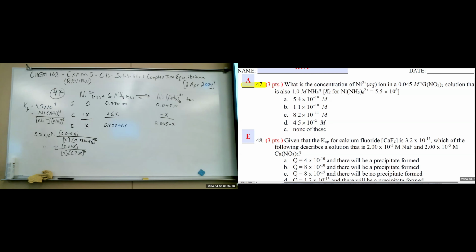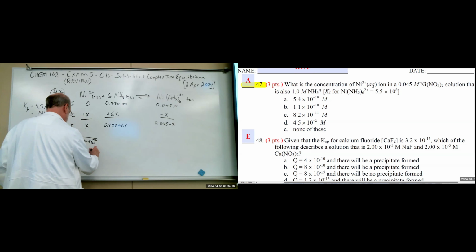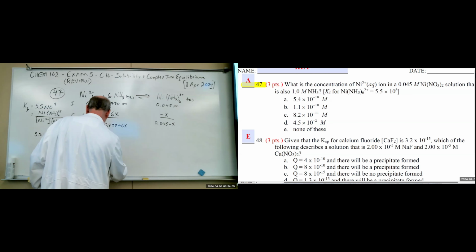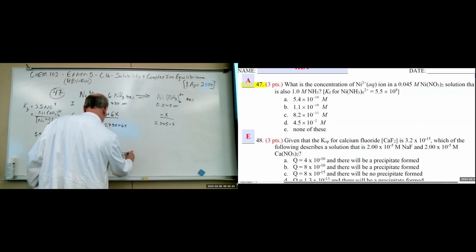Okay, now we just have to solve for X. And it looks like X is in one place. So if I put X over here and put that one down here, that would be equal to 0.045 over 5.5 times 10 to the 8th times 0.730 to the 6th power.